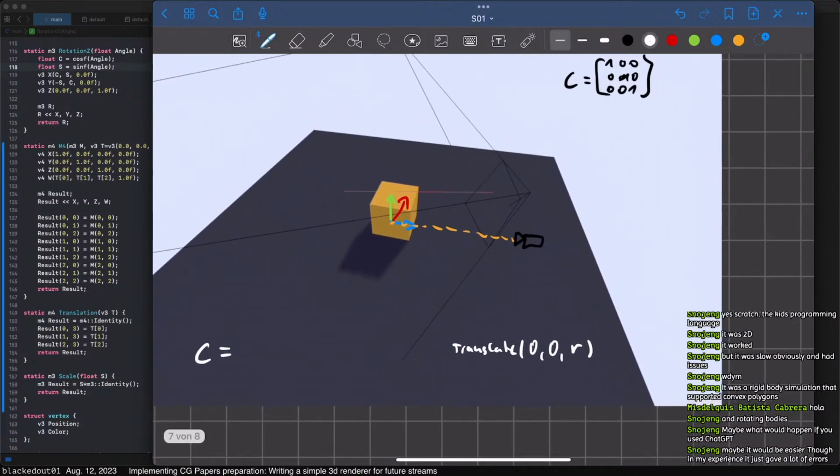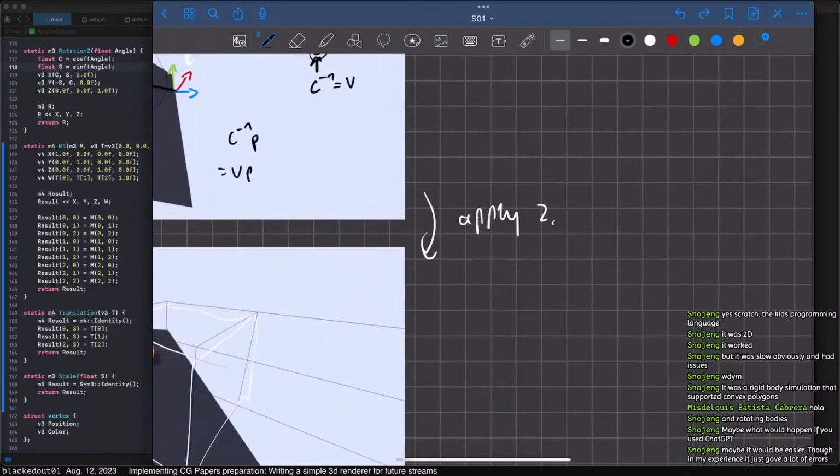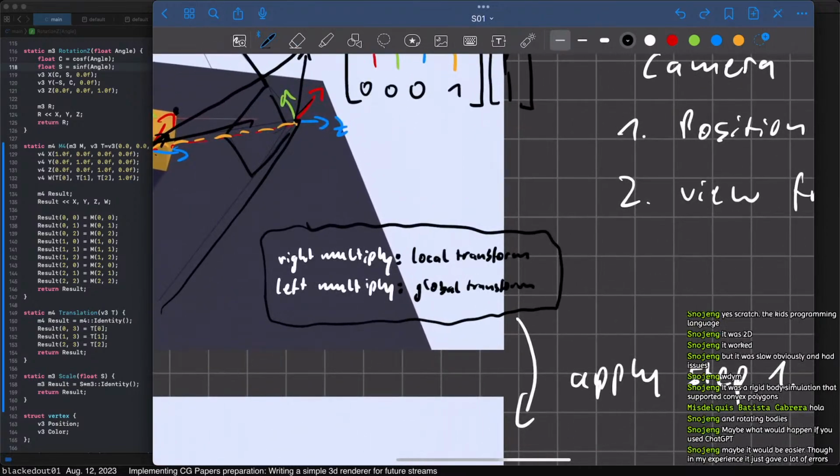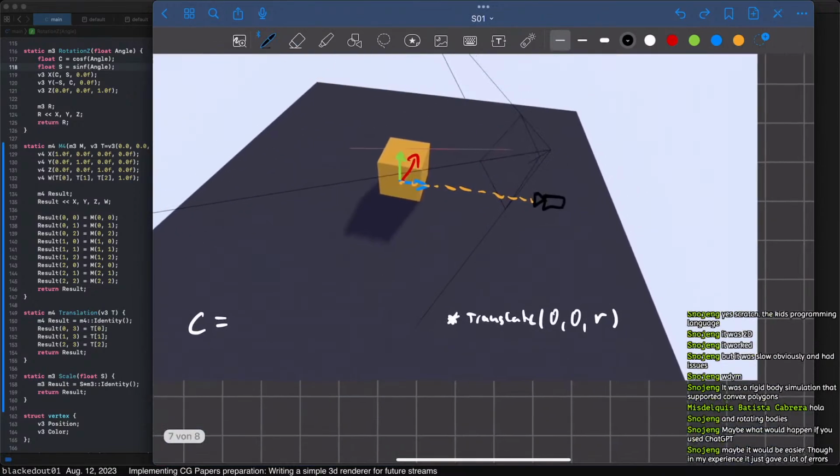And next, the next thing that we want to do is to rotate the camera around the center point. And again, this is where the stuff I told you in the beginning about left and right multiply is important. We want to rotate the camera around the center point and not around its local point.